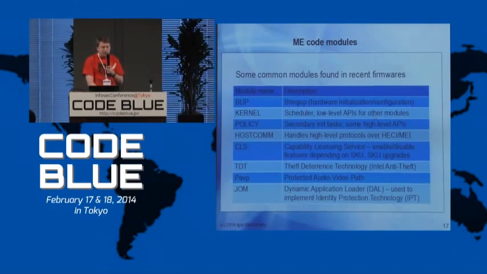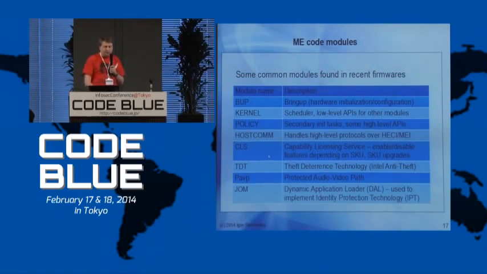The policy module does some secondary initialization and provides some other APIs for other modules. Hostcom handles the communication with the host over PCI, over the host embedded controller interface.